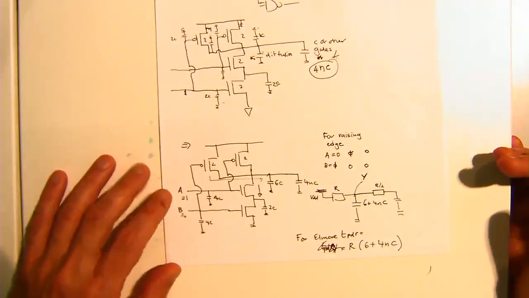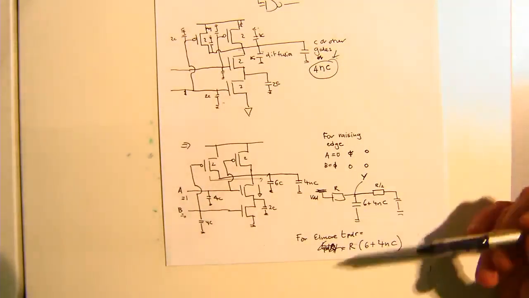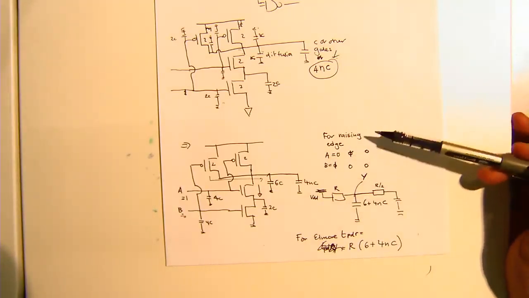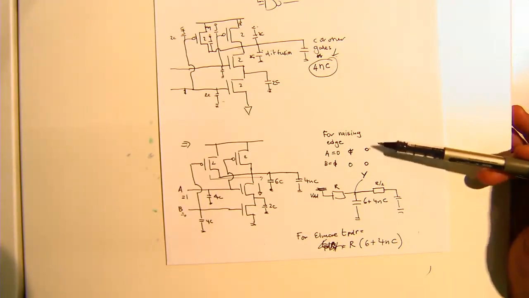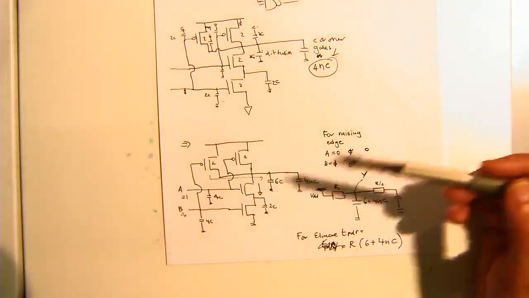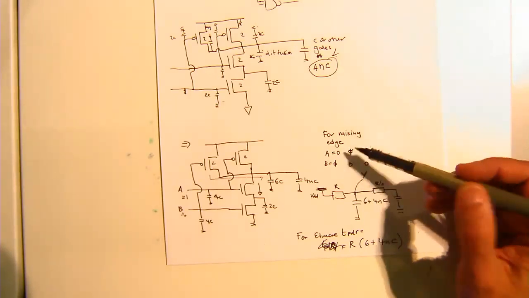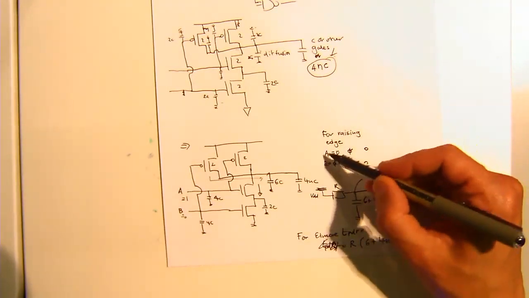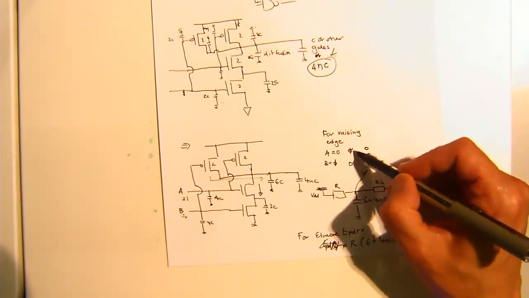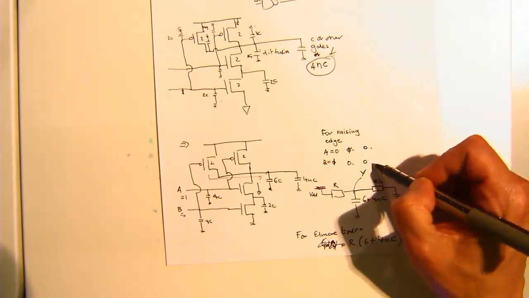All right. Now, what I want to do is work out the propagation delay. So, let's look at what's the worst case for a rising edge. If we're going through a rising edge, and it's a NAND gate, there are actually 3 cases: either A is 0 and B is 1, A is 1 and B is 0, or A is 0 and B is 0.